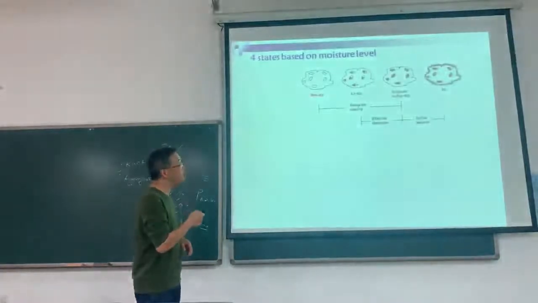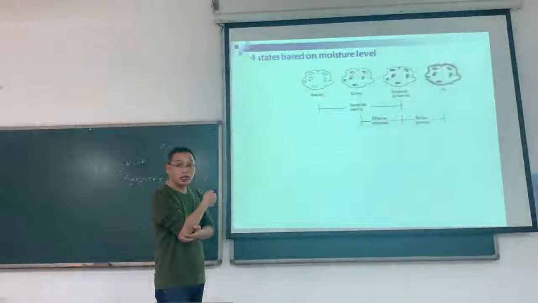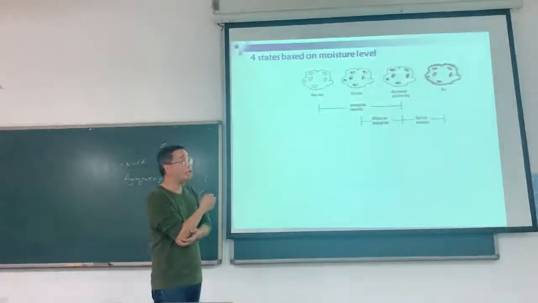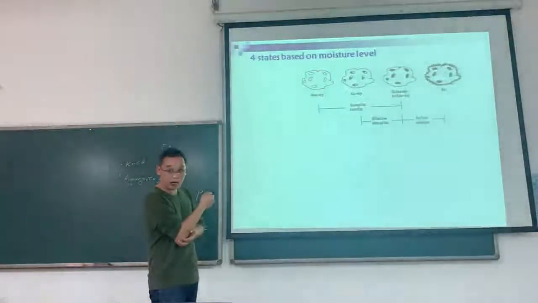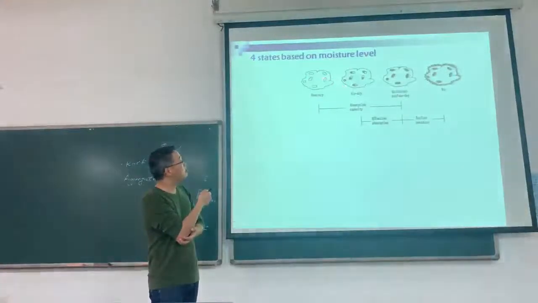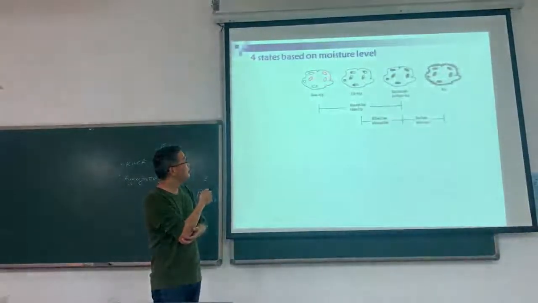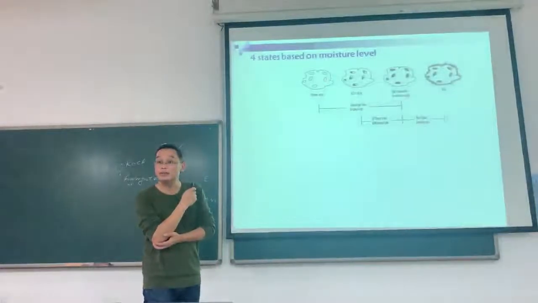So these are the states based on moisture level of aggregates. The first one is the oven dry. What is the oven dry? We can look at this diagram. It means this is an aggregate, and there are some pores in the aggregate.